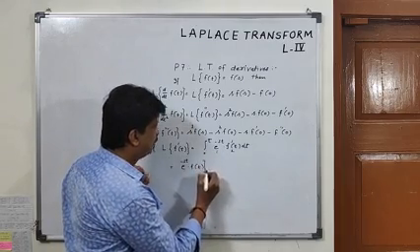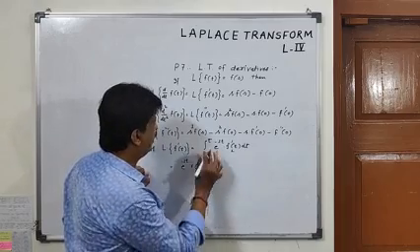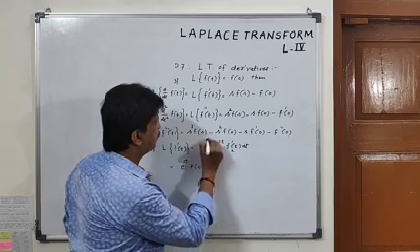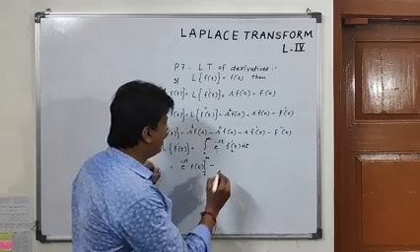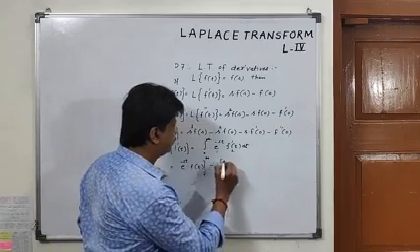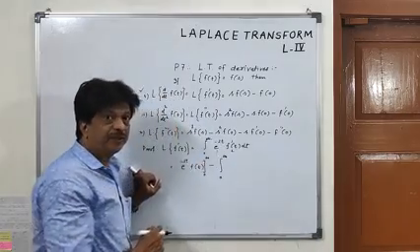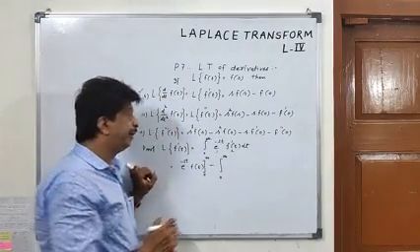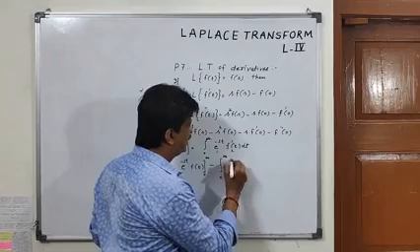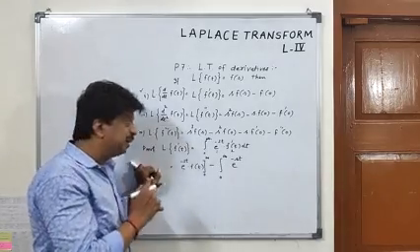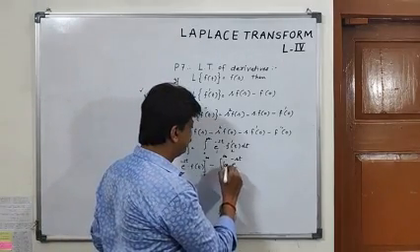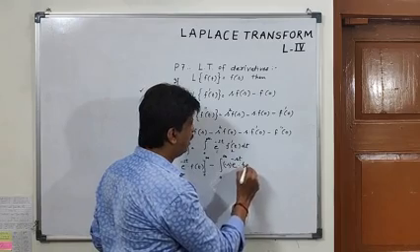The limits are from 0 to infinity. Minus integral of derivative of first, e raised to power minus st. Derivative of e raised to power minus st with respect to t is e raised to power minus st into minus s, into integral of second.